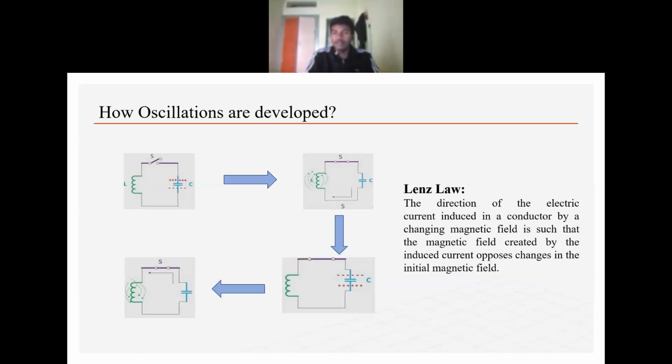Now the capacitor will be discharged, and electrons from the capacitor will come into the inductor. Due to the flow of electrons, there will be formation of current.